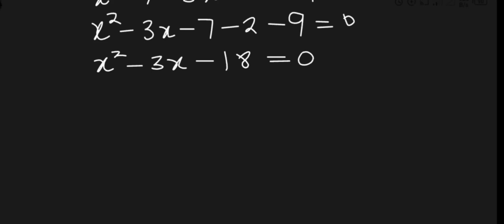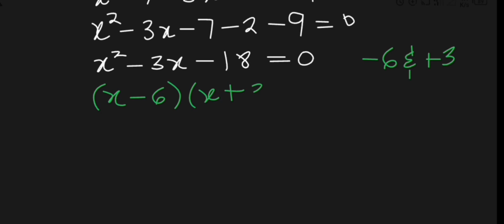To factor this resulting trinomial, we consider the factors of negative 18 that will add up to negative 3. And these are negative 6 and positive 3. So the trinomial factors are x minus 6, x plus 3 equals 0.